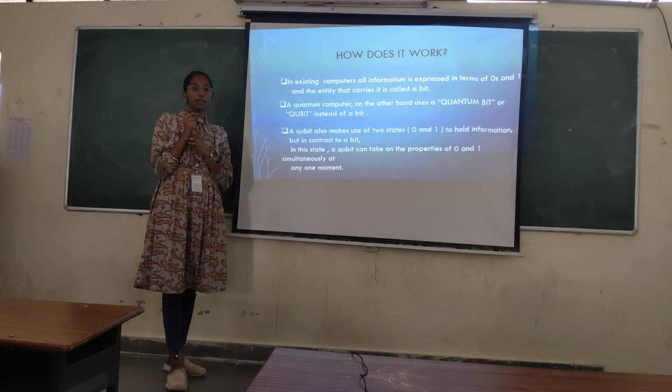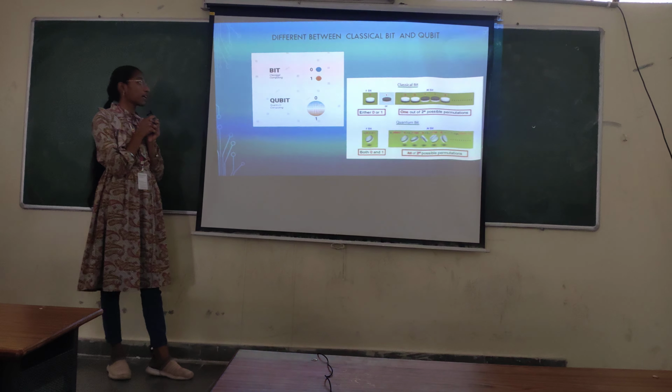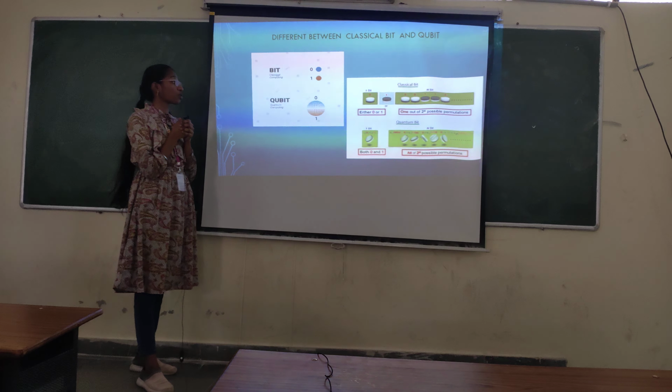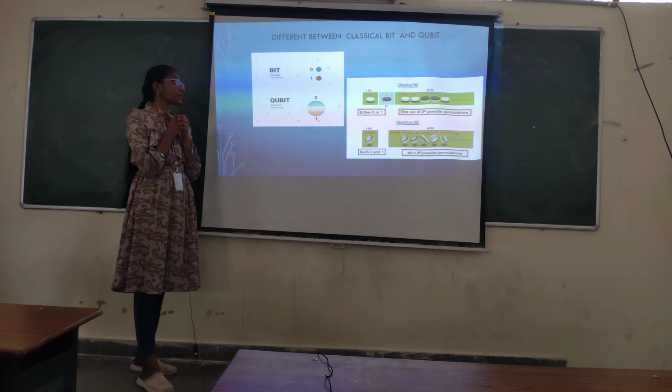For example, if we play a game on a normal classical computer, the chance of winning on a flip of a coin is 50%. Whereas if we play the same game with a quantum computer, the quantum computer's winning chance is 97%. This is due to the proximity of quantum calculations by the quantum computer. In a classical bit, it can store either 0 or 1, whereas a qubit can store multiple values, which is referred to as superposition.